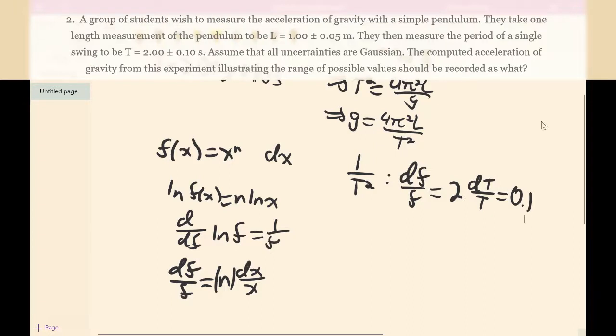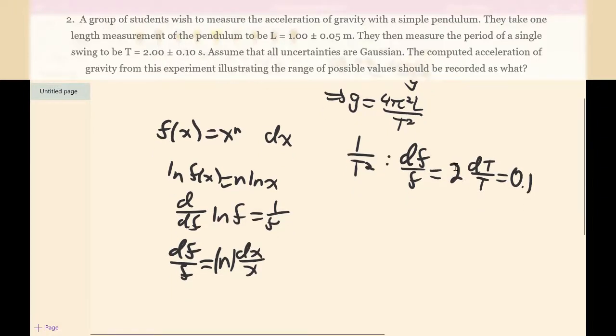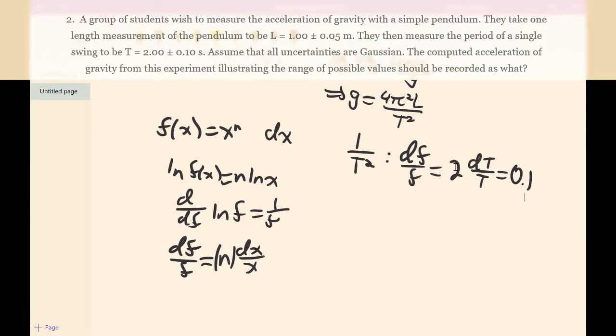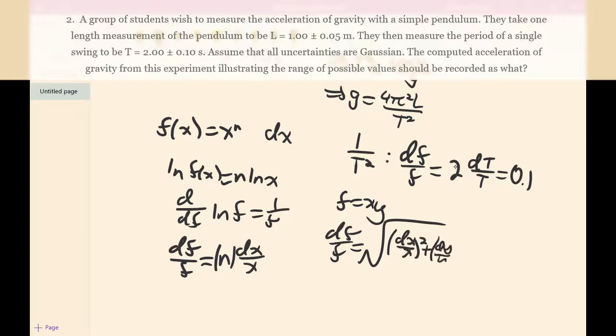Now, one of the rules for error propagation is that when we have two things multiplied together, like f equals x times y, then df over f is just the quadrature sum of the relative uncertainties. This is something everyone should know, and we can just apply it again.